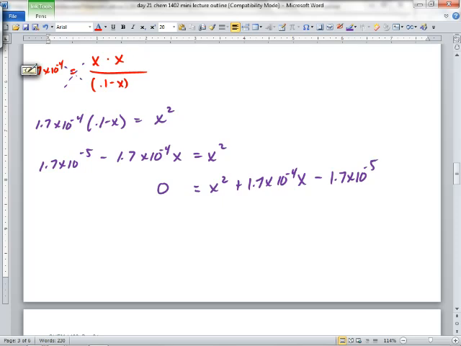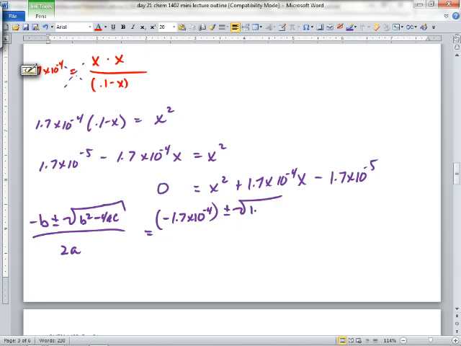It's negative b plus or minus the square root of b squared minus 4ac all over 2a. Negative b, so it's going to be a negative 1.7 times 10 to the negative 4, plus or minus the square root of b squared, 1.7 times 10 negative 4, got to square it though, minus 4 times a times c.